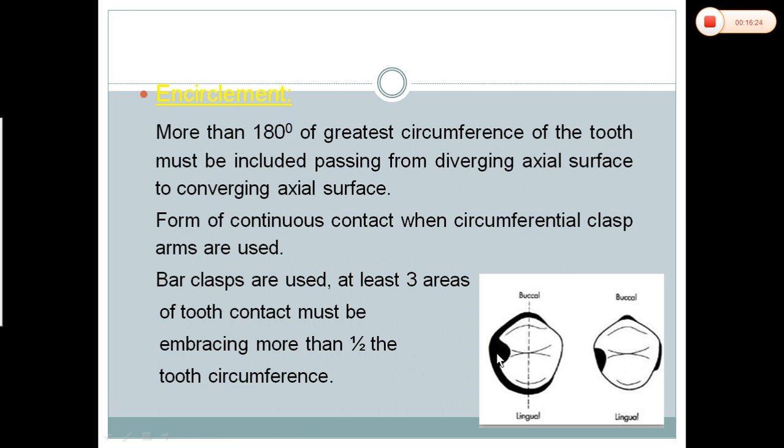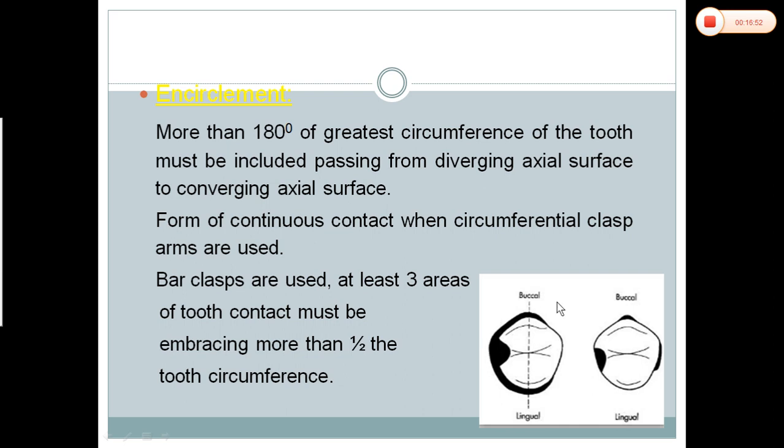If we consider the abutment tooth in 360 degrees, the clasp should embrace it more than 180 degrees. Then the abutment tooth will not slip away from the clasp assembly.